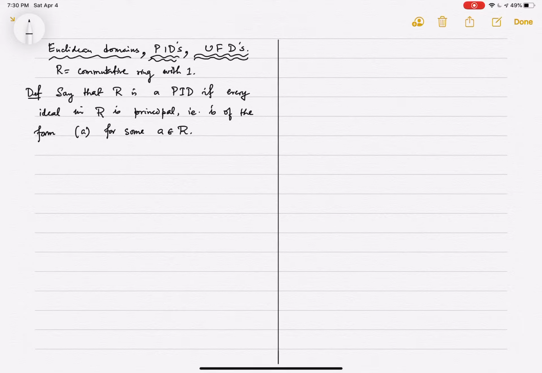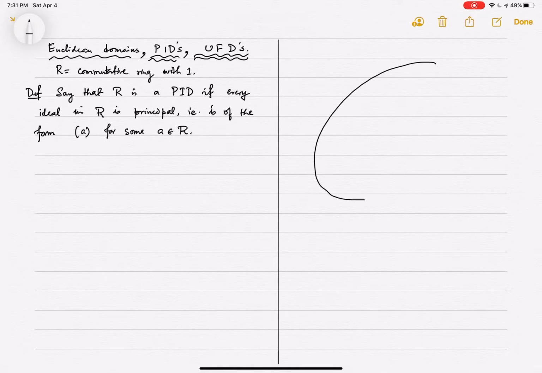Okay. We'll start with the last two actually and get to the Euclidean domains afterwards. All these are commutative domains, so commutative rings with one where the product of two elements being 0 implies one of them is 0.